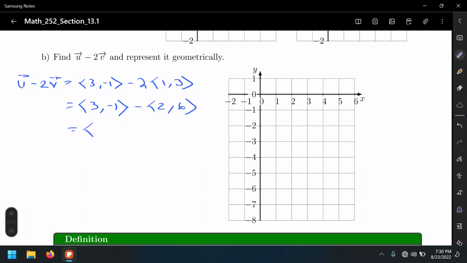I really didn't multiply by the negative. I left the negative outside to make it easier. So 3 minus 2, that's 1. And negative 1 minus 6, negative 7. Careful with signs here. All right. Okay, so that's our final answer from the algebraic point of view.